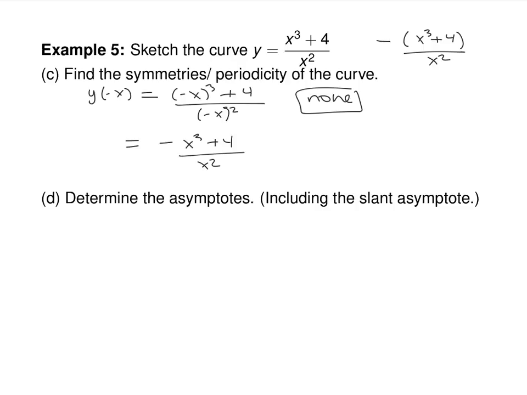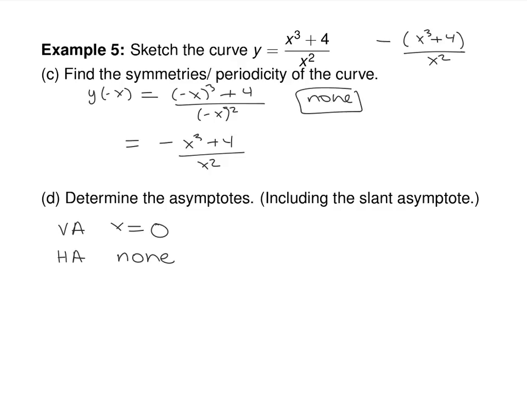Okay, so first of all, vertical asymptote. There is one. Where is it? x equals 0. Okay, HA. Really easy, tell me why there are none? The numerator's power is higher than the denominator's power.